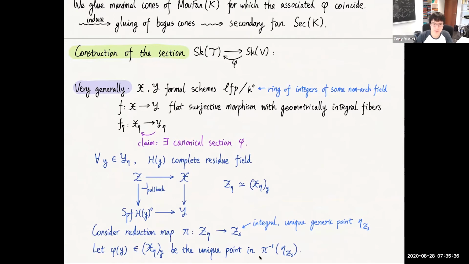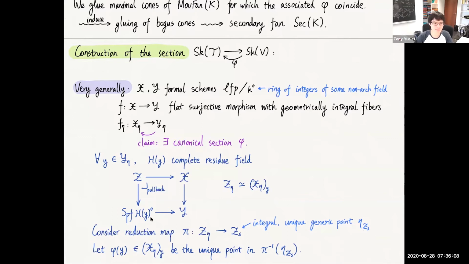if we consider the pre-image by the reduction map of this unique generic point, that pre-image contains exactly one point. So roughly speaking, this point is just given by the divisorial valuation associated to this unique generic point.